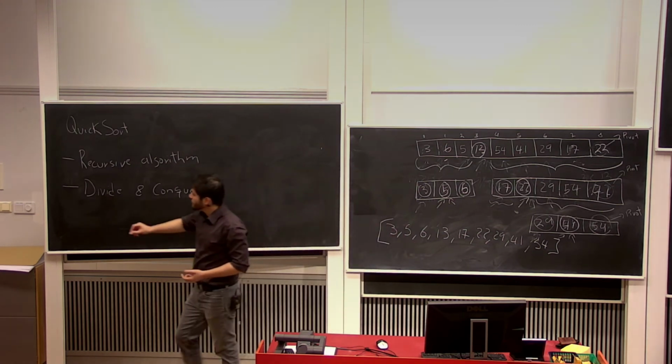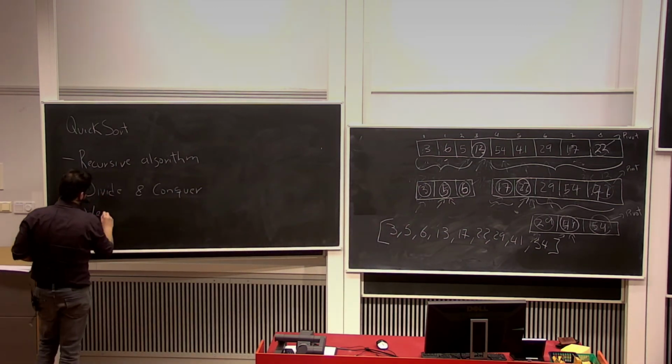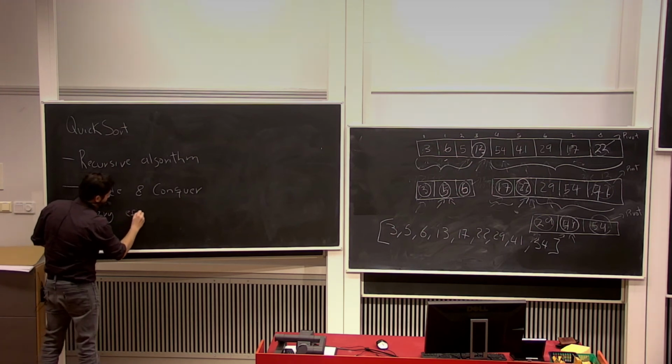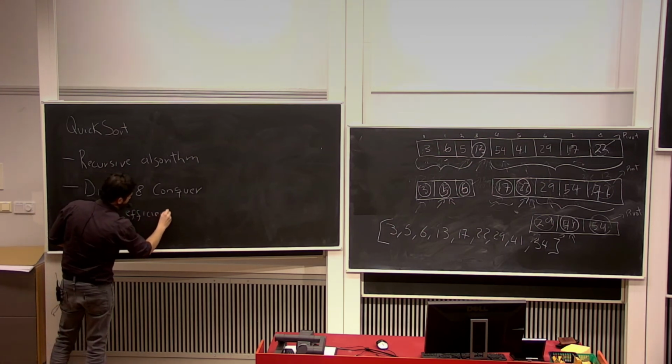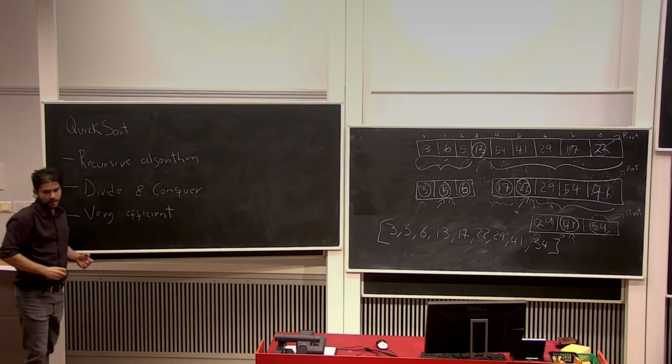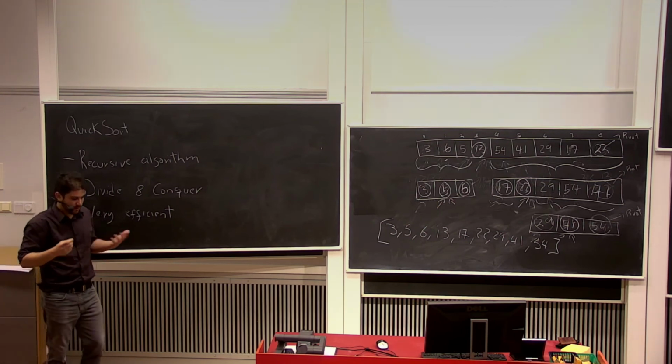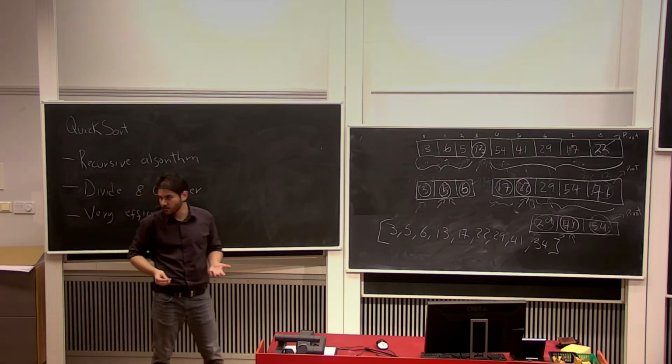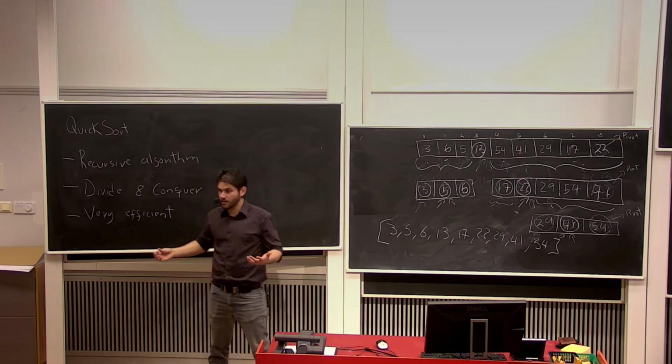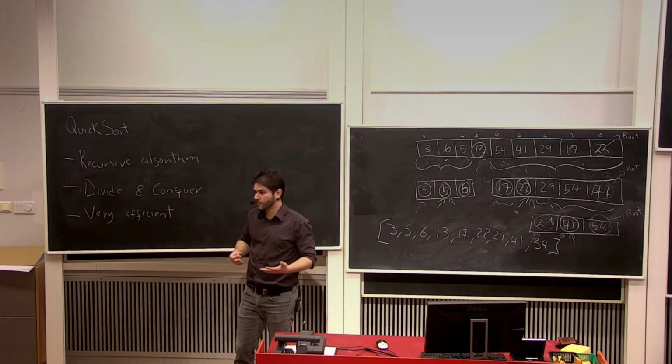So the quicksort is very efficient. It can sort very big arrays or lists of numbers very fast.